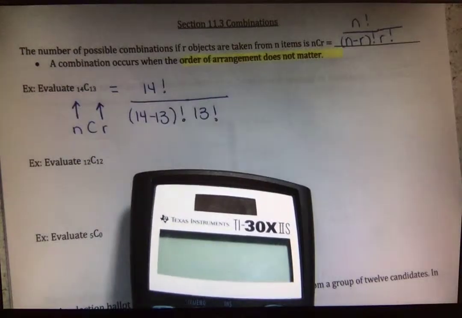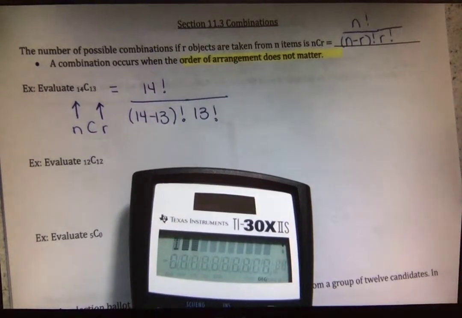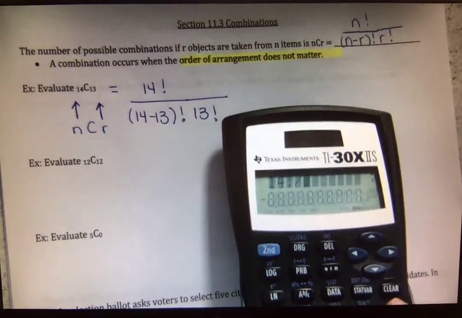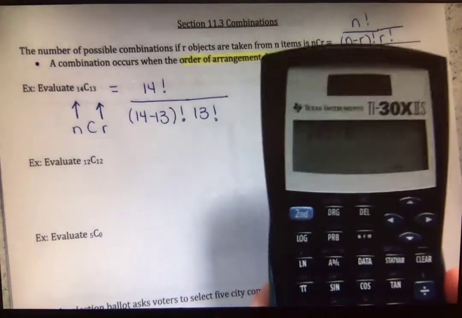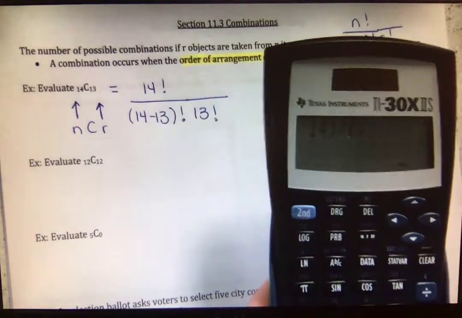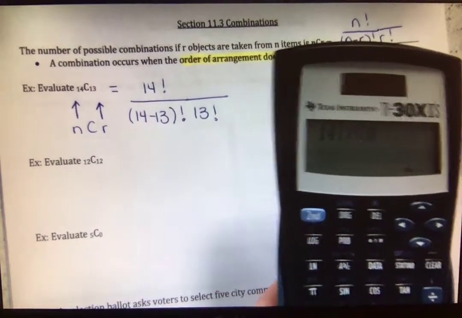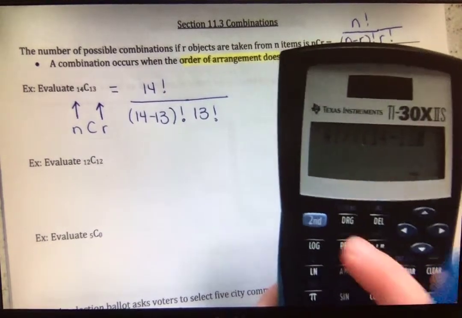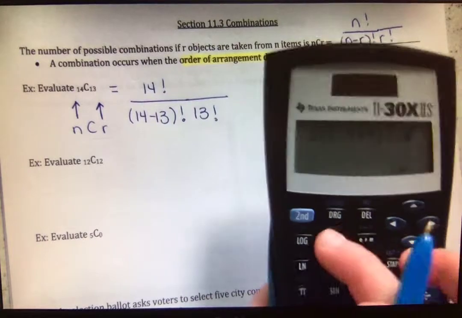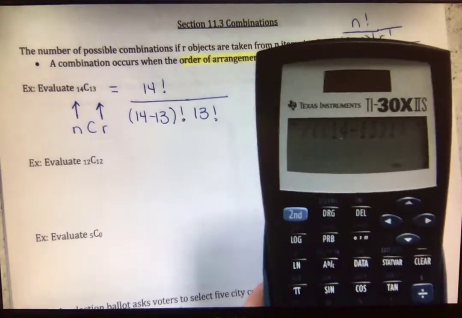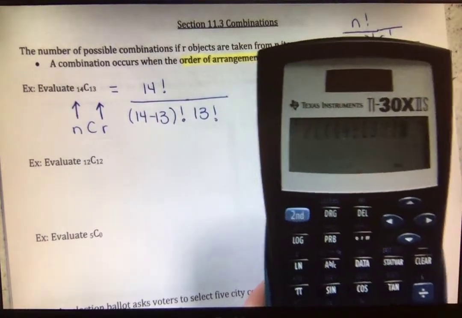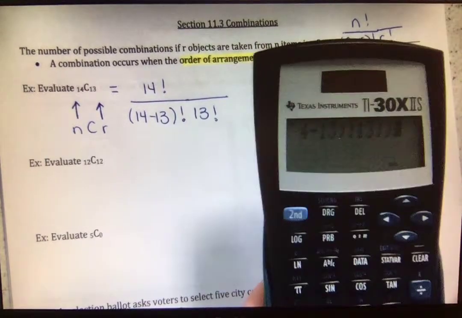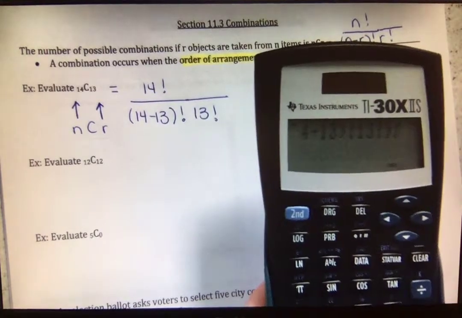In our calculators, we have 14 factorial divided by, and everything's on the bottom, so everything needs to go in parentheses to group it. We have another parentheses, 14 minus 13, closing that out, factorial, times 13 factorial, closing out that parentheses to group everything on the bottom.